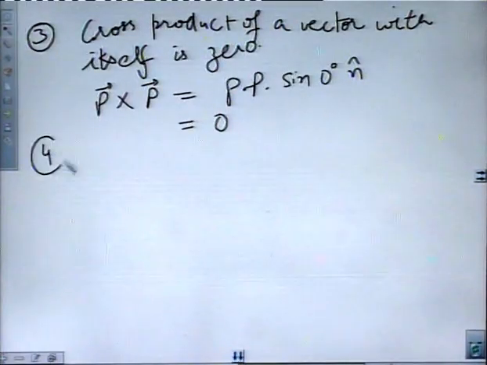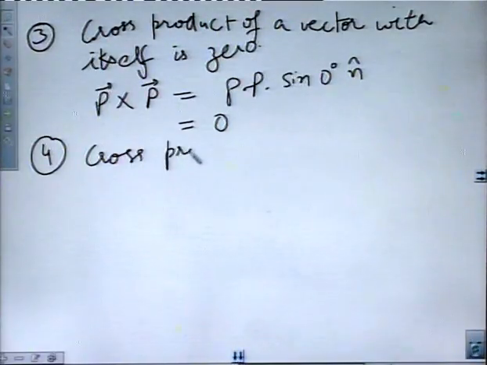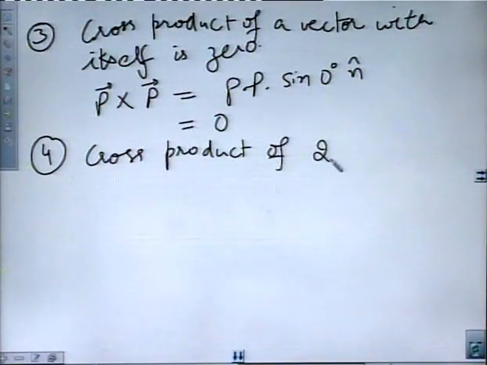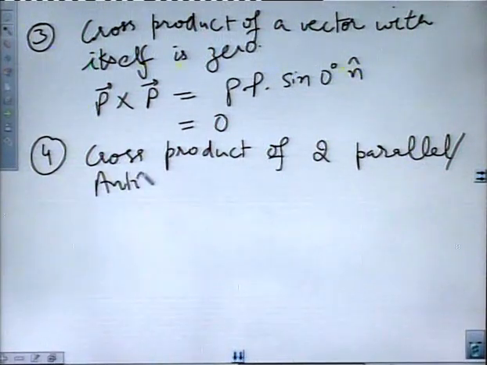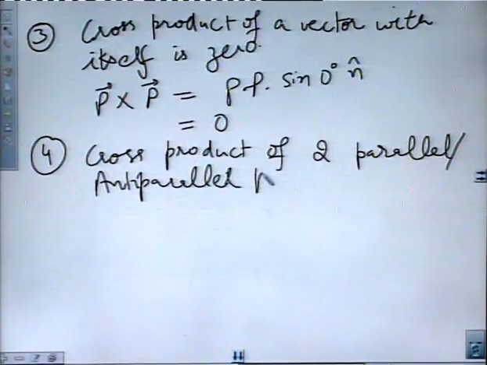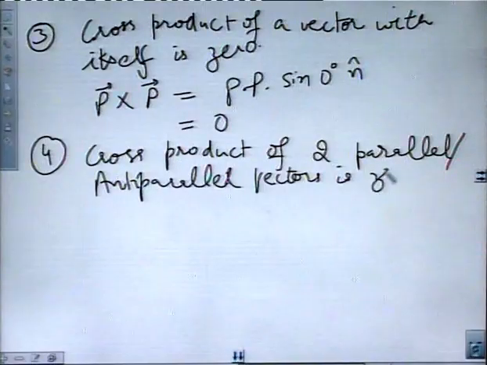Now the next property is the cross product of two parallel or anti-parallel vectors is 0.